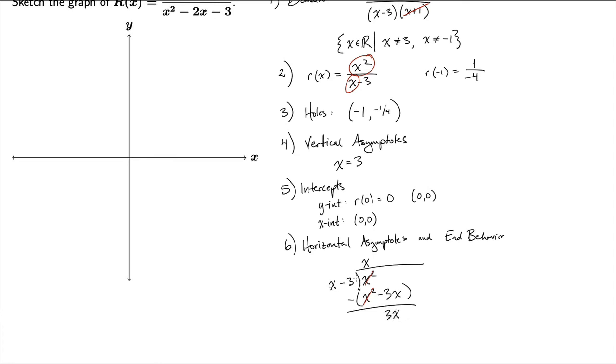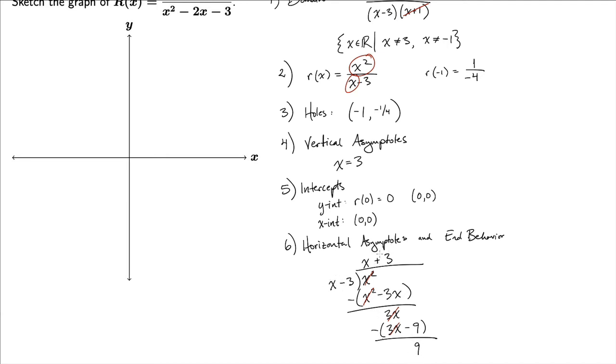Then x times 3 will give us 3x, so we add 3 there, and we multiply through 3 times x, and 3 times negative 3. Then we subtract. That cancels out the 3x's, and we're left with negative 9, so positive 9. We're done with our division here because this has a degree smaller than the divisor.